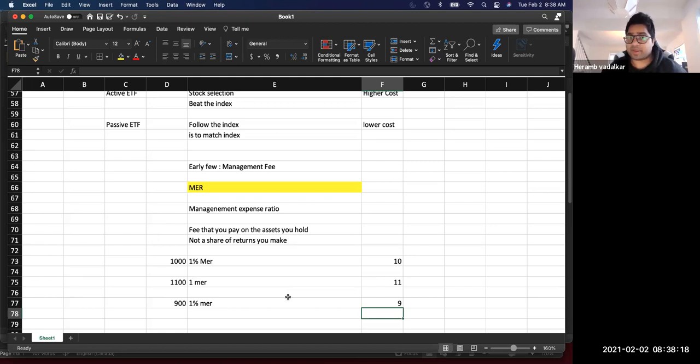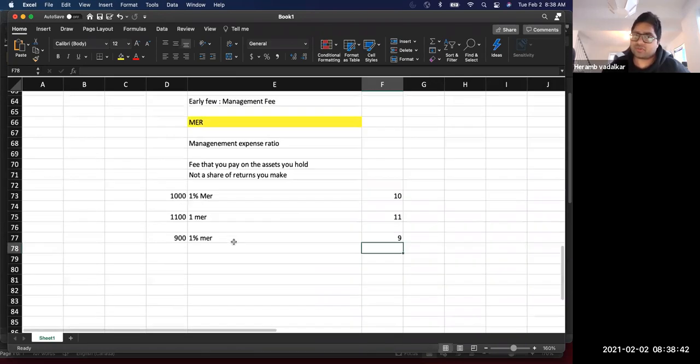You pay it every year on the amount of assets you have. If your assets are growing, the MER also grows. If the assets are falling, the MER goes down. But it is not a share of the returns you make. So even if you do not make any returns in a mutual fund or an ETF, you still have to pay some fees. Okay, so this is MER, management expense ratio.